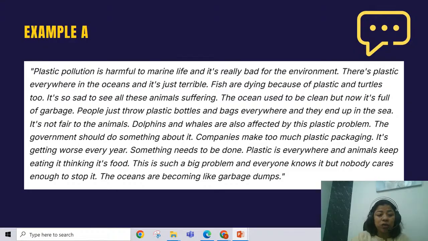It's so sad to see all these animals suffering. The ocean used to be clean, but now it's full of garbage. People just throw plastic bottles and bags everywhere, and they end up in the sea. It's not fair to the animals. Dolphins and whales are also affected by this plastic problem. The government should do something about it.